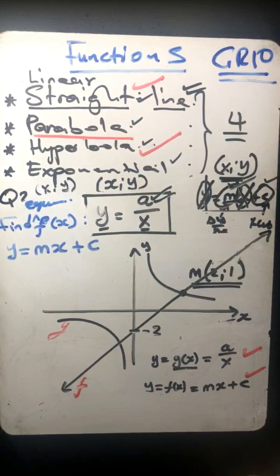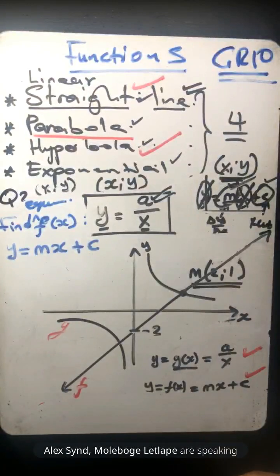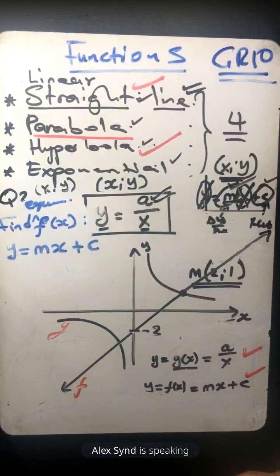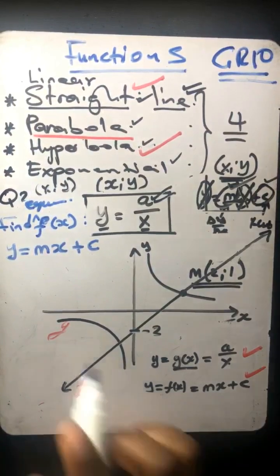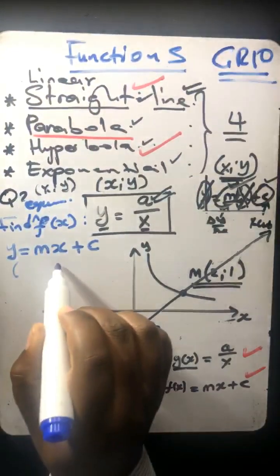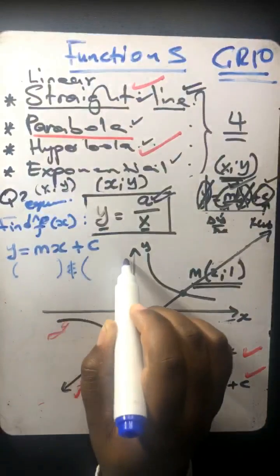Two coordinates, or two points. Do we have those? Because we need the two points or two coordinates. The question is, do we have those?